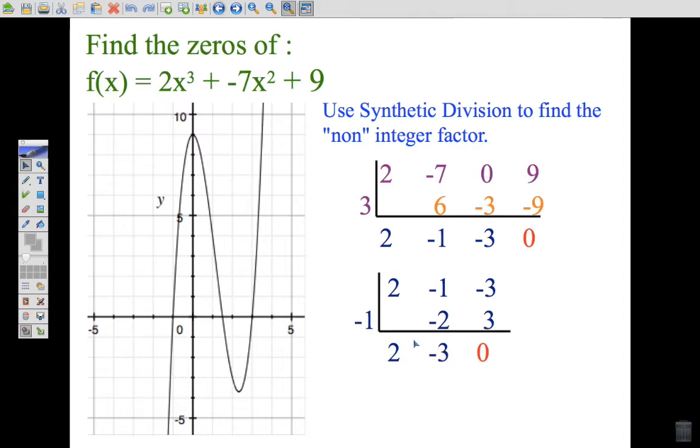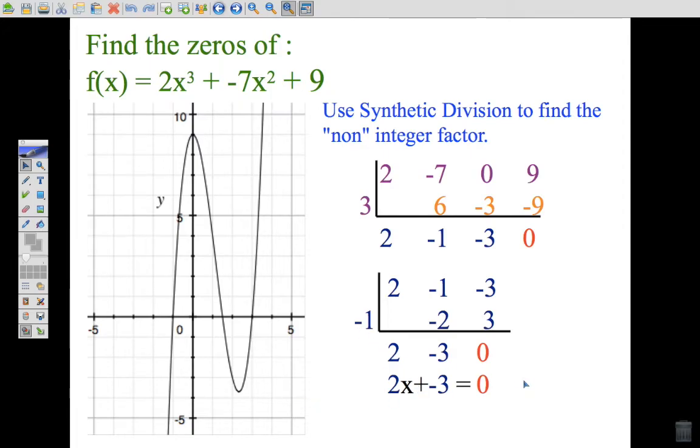These two numbers now represent coefficients of an equation that is equal to 0. Again, working it backwards, like what we learned when we learned our synthetic division in the previous lesson. We have a negative 3, and then we have our x term. Had there been more terms, we would have had an x squared and an x cubed.